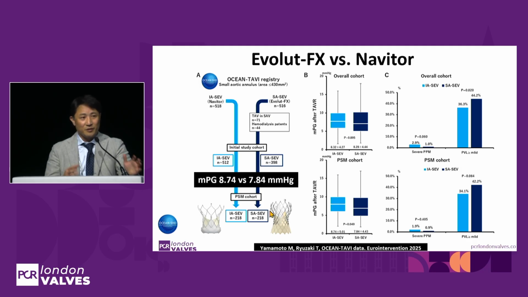That means the difference between the intraannular and supraannular self-expandable valves is marginal in our cohort. And the rates of severe PPM are quite similar, and the rates of PVL more than mild are also similar. That is the starting line.